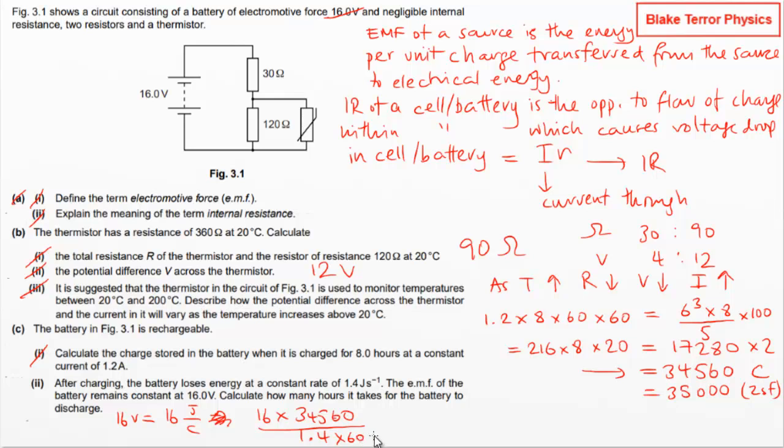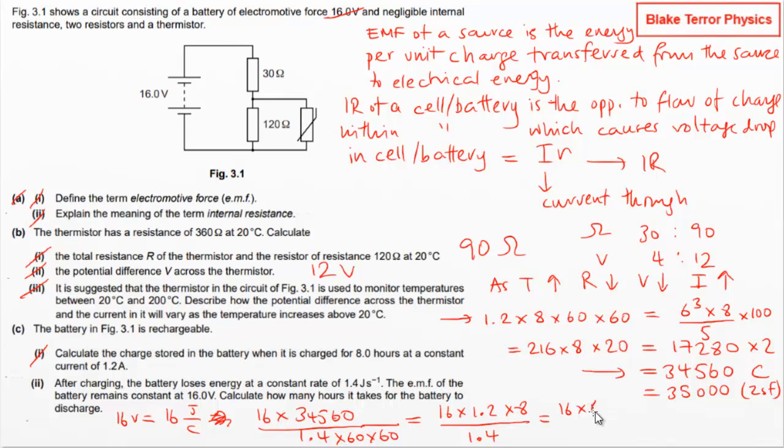So we're going to then want to divide by 60 times 60 to give us the answer in hours, which is why I'm not going to use this 34560, because I can come back to this and the 60s will cancel. So that'd be 16 times 1.2 times 8 divided by 1.4, which is 6/5 divided by 7/5.